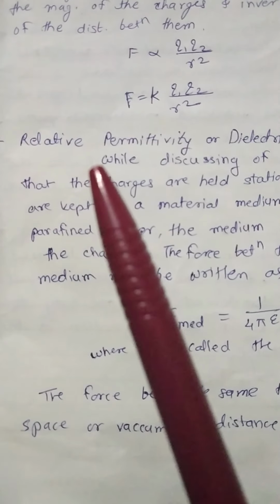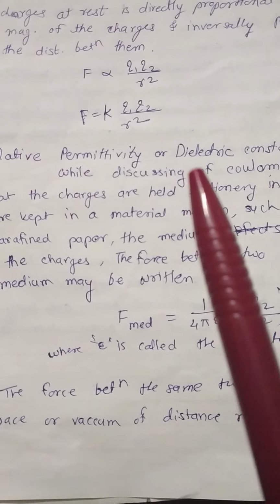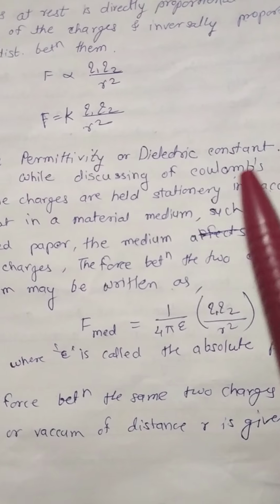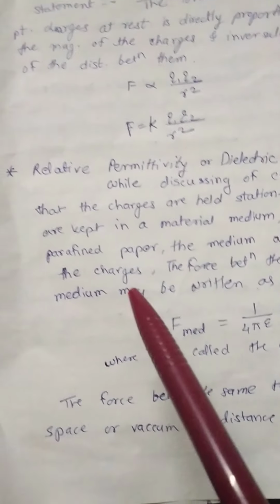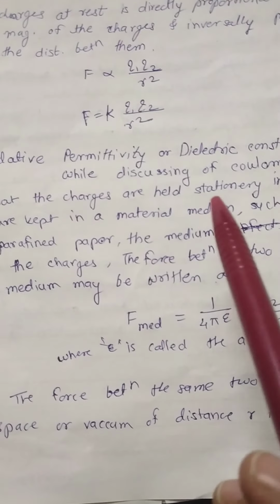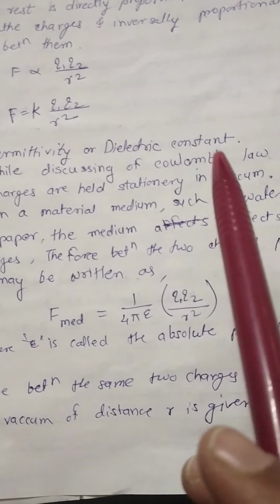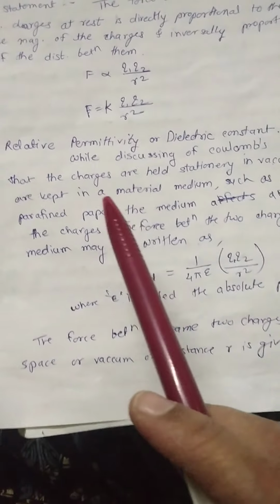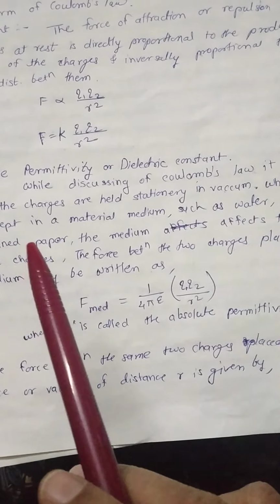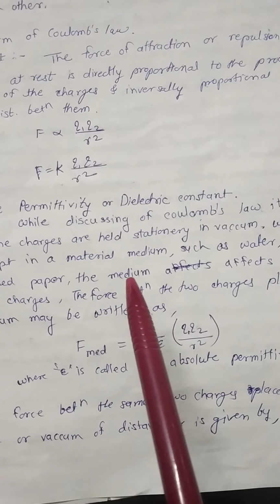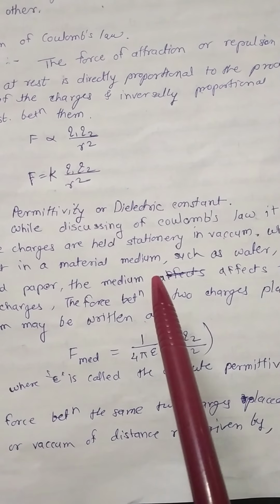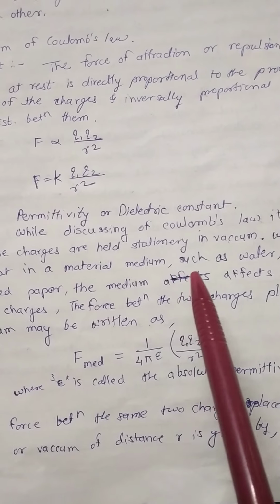This is the relative permittivity or dielectric constant. While discussing Coulomb's law, it was assumed that the charges are held stationary in vacuum.